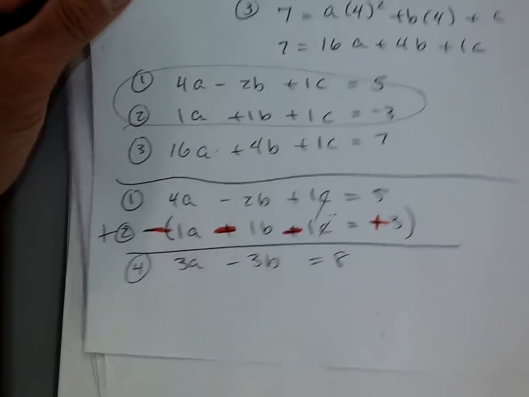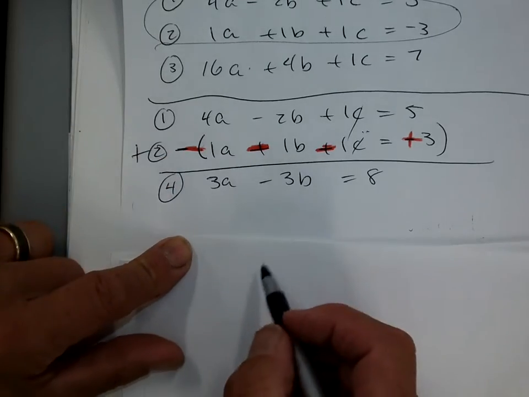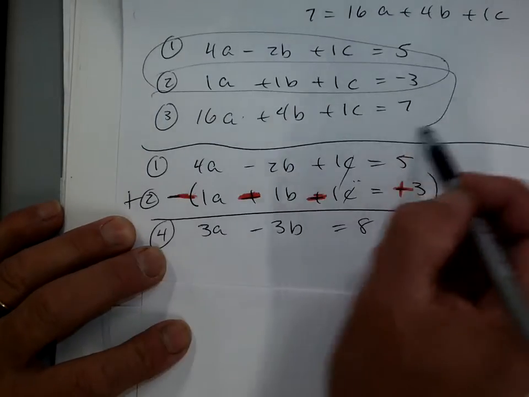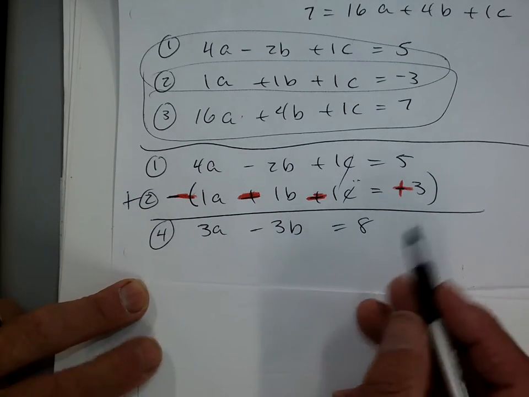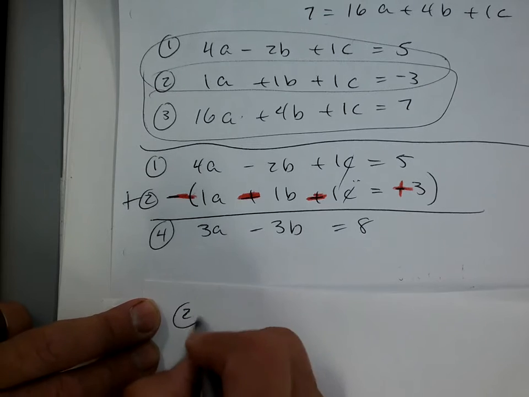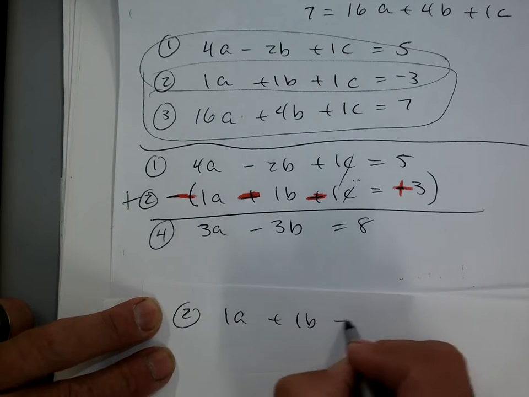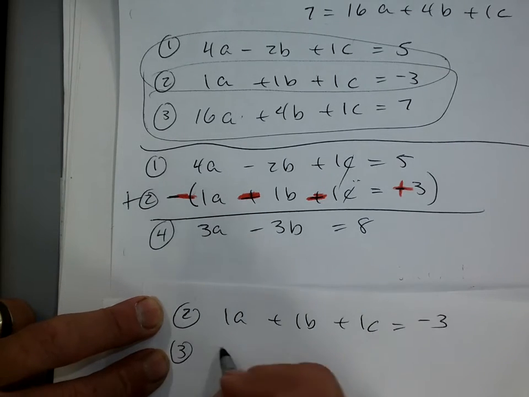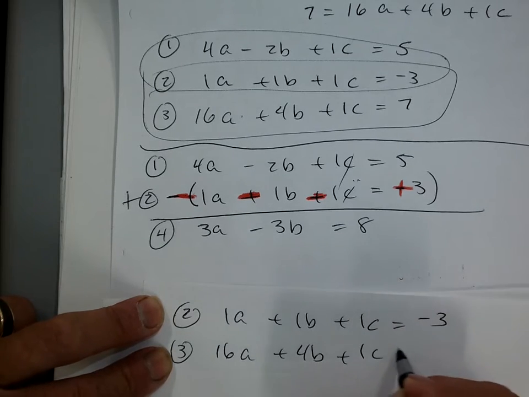Now I'm going to go ahead and slide up a separate piece of paper and bring this one back in. So let's make equation 5. Let's put equation 2 and 3 together and subtract out the c's. So equation 2, which is my 1a plus my 1b plus 1c equals negative 3. And equation 3, which is 16a plus 4b plus 1c equals 7.